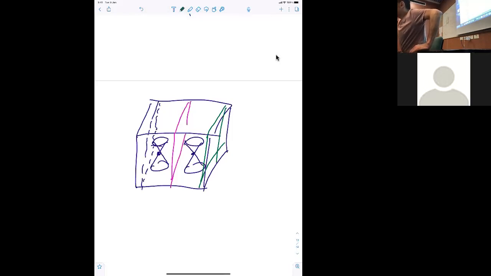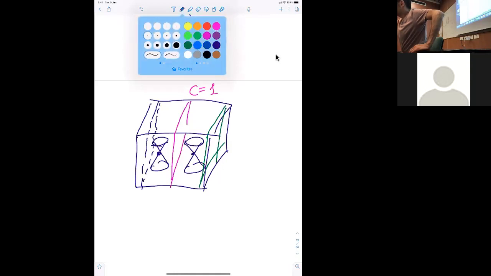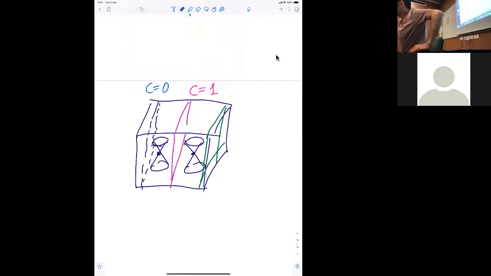Then I claim that for the purple plane, the Chern number will be 1. For the blue plane, it will be 0. And for the green plane, it will be 0 again. That may not be obvious yet, and we'll show that later, but that would be the situation.